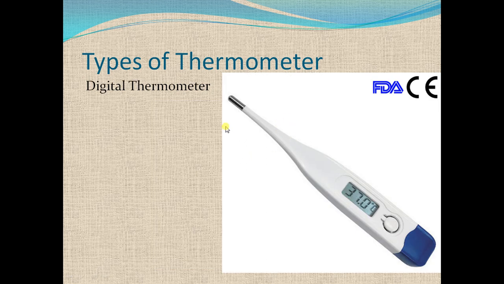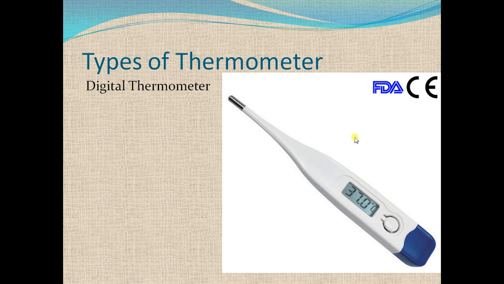Another thermometer is the digital thermometer. Digital thermometers are electronic thermometers, and they are compact and inexpensive and used for measuring and displaying body temperature in numeric value with great accuracy.